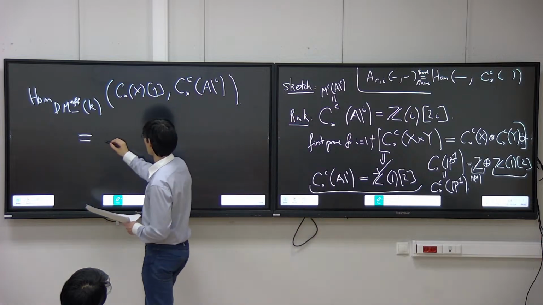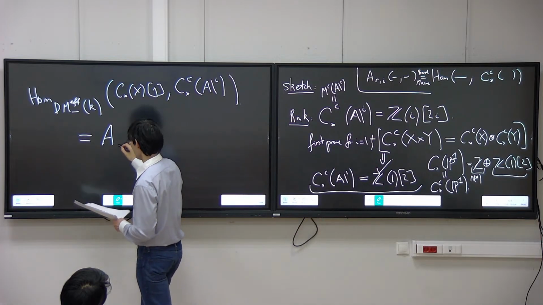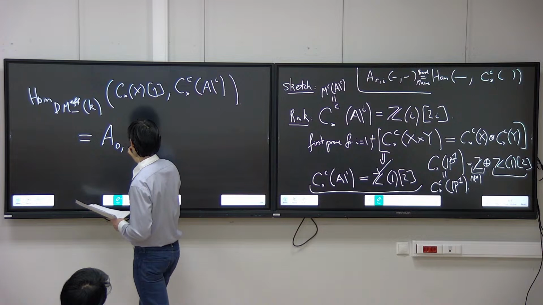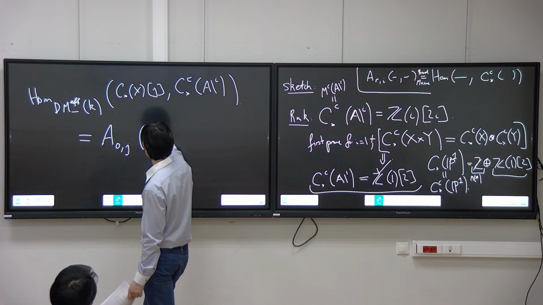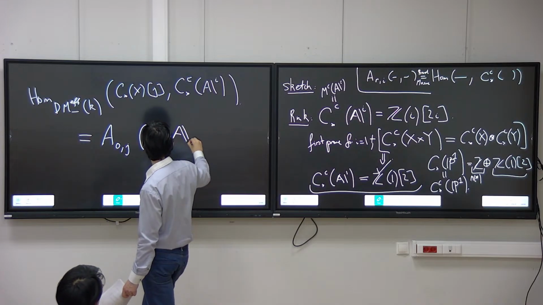So this is equal to, I'm not sure of the indices, but I just trust what I have written down here, of 0J of X of A of I.